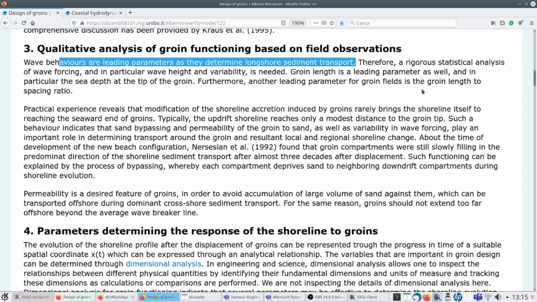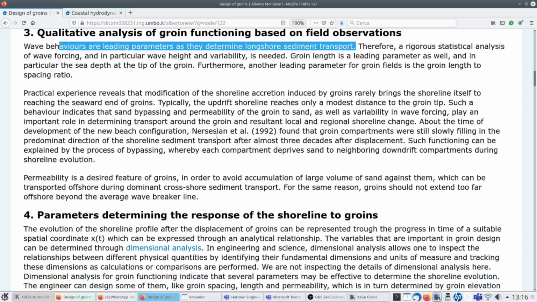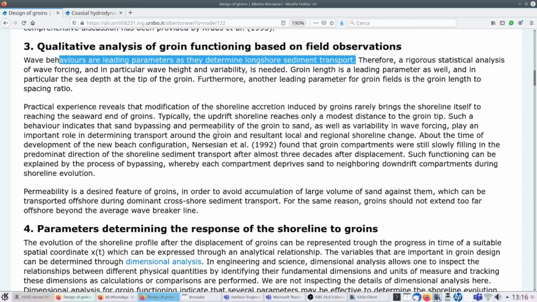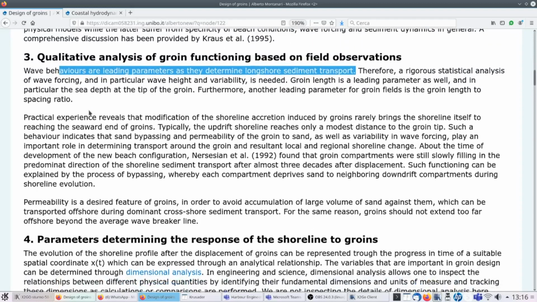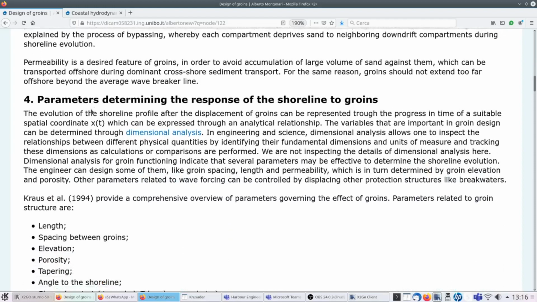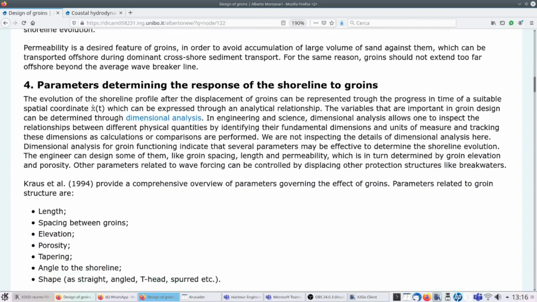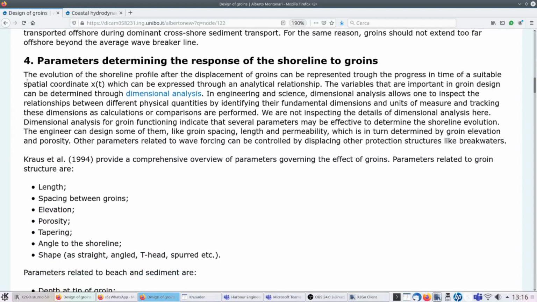So this is something that we already know. We know how to do it. There is a statistical analysis implied. And so let's assume that we already know everything about this, and let's discuss the response of the groins to this considered forcing.